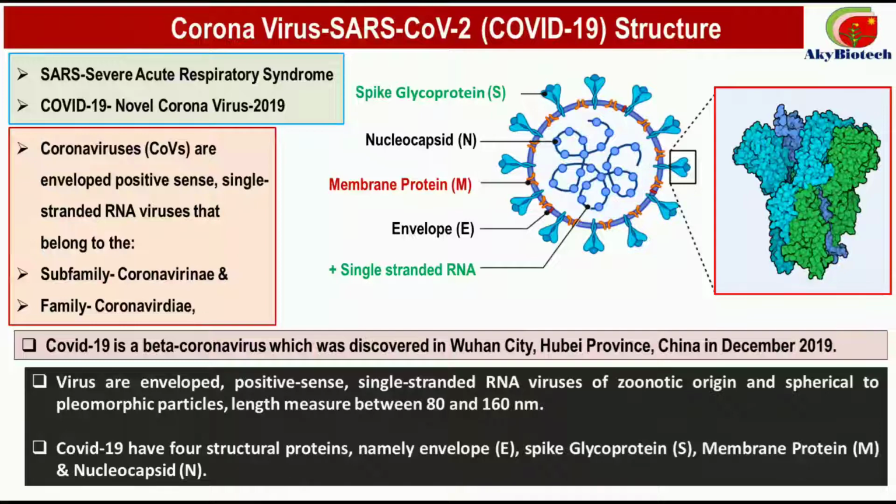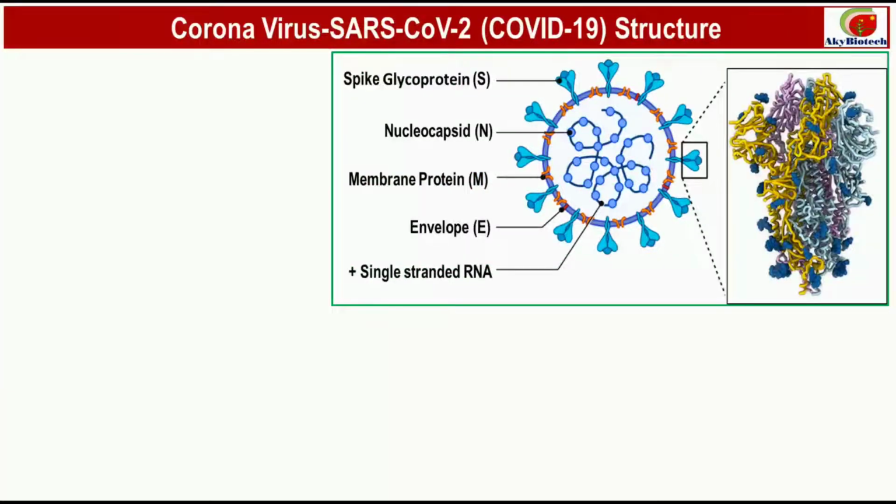Next, COVID-19 has 4 structural proteins. As you can see in the picture, the 4 structural proteins are namely the envelope, the spike glycoprotein, the membrane protein, and then the nucleocapsid. This is a picture as you have seen in the previous slide also.